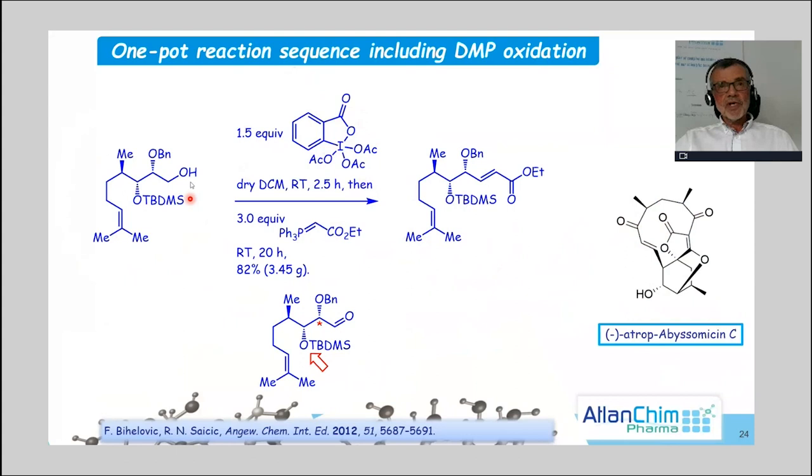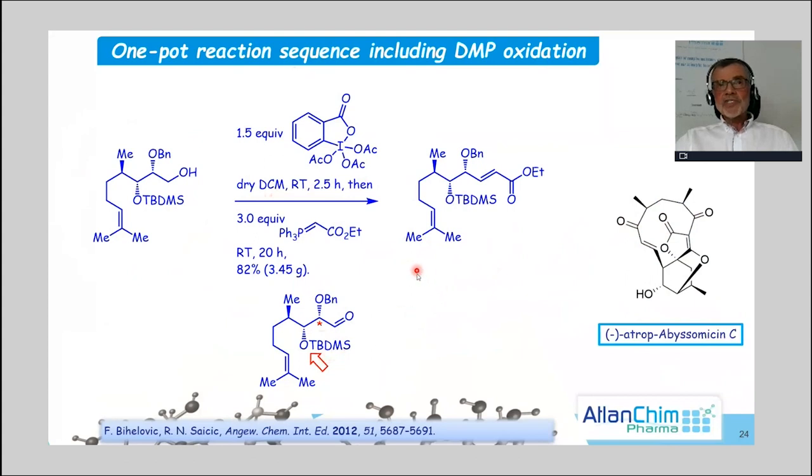Treatment of this chiral alcohol with Dess-Martin's reagent in dry dichloromethane at room temperature afforded in situ this sensitive aldehyde prone to racemization here at the alpha position, as well as a retro-Michael elimination with this protected alcohol in beta position.